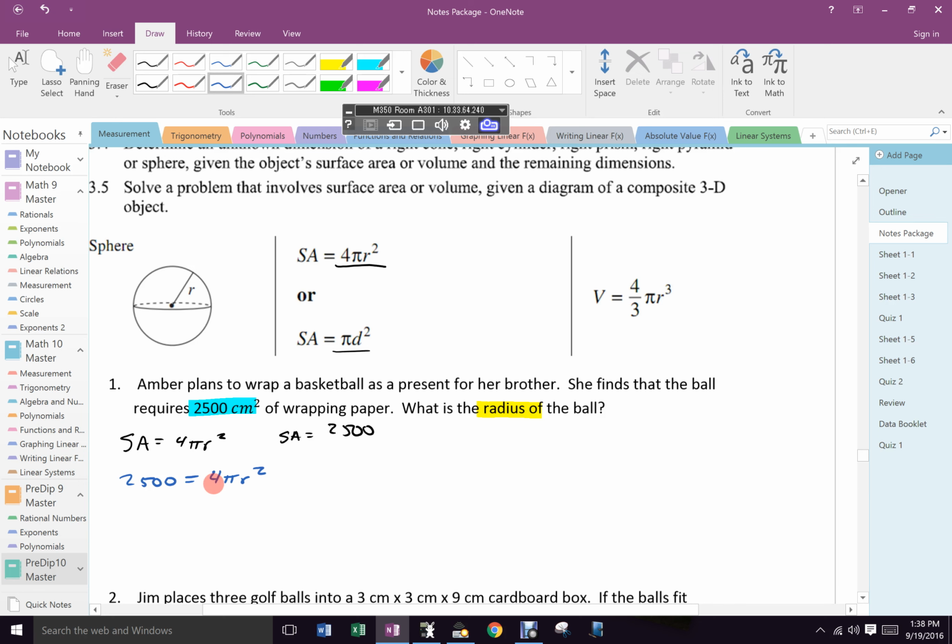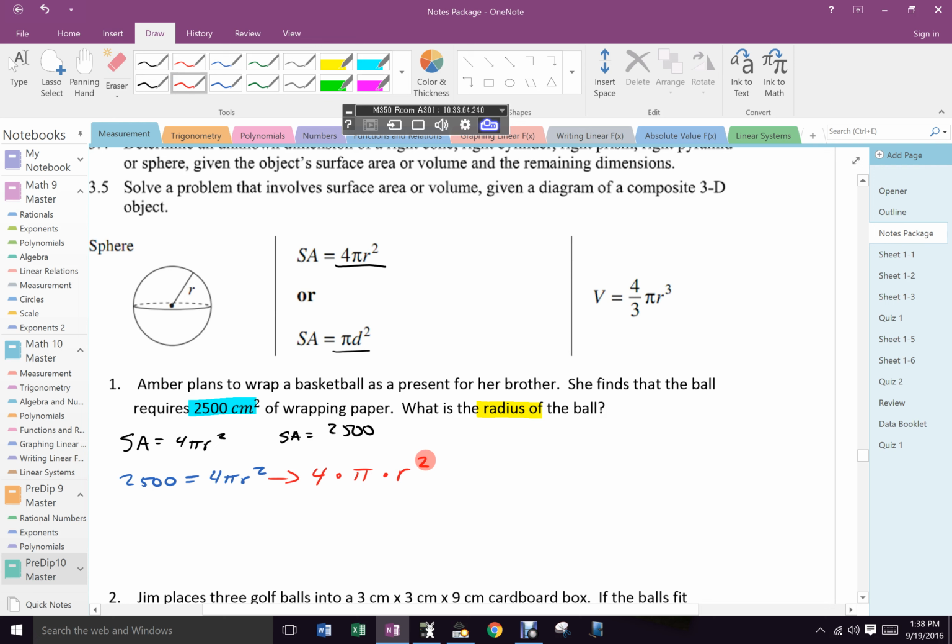So we are going to solve this now. What is our job whenever we have a variable that is unknown? Isolate the variable, yes? Okay. To isolate this variable, a lot of people forget what exactly is happening here. What math is this? 4 times pi times r squared, yes?